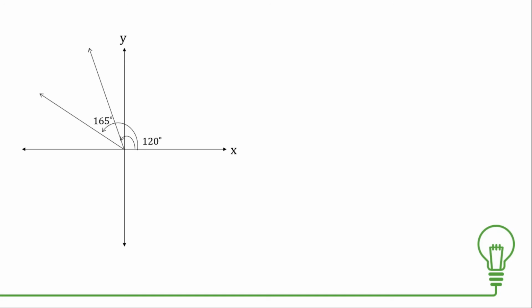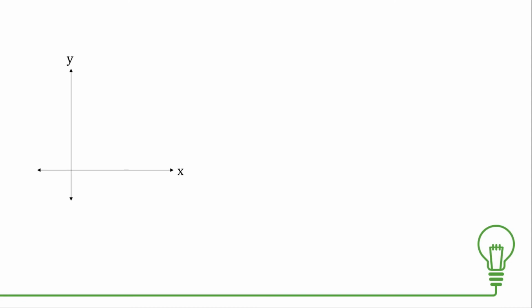relationships between two angles when we place them in standard position. Okay, let's say for example, we have this angle which measures 74 degrees. We say that this angle is in its standard position since our initial side coincides with the positive x-axis, and we can also say that this angle terminates on the first quadrant since its terminal side lies on the first quadrant.